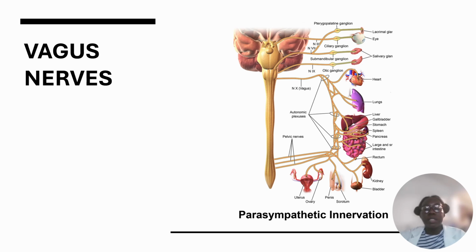Here you can see that it provides parasympathetic innervation. So all the involuntary organs and muscles of these organs are innervated by the vagus nerve. It's a very important nerve in our system.